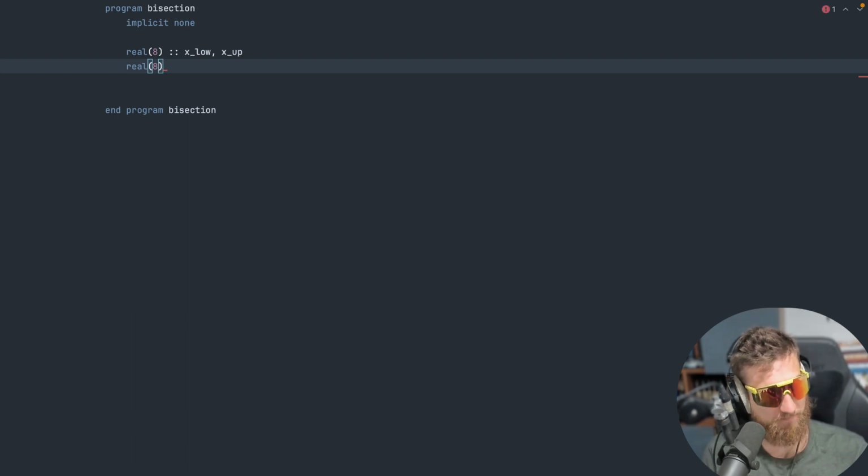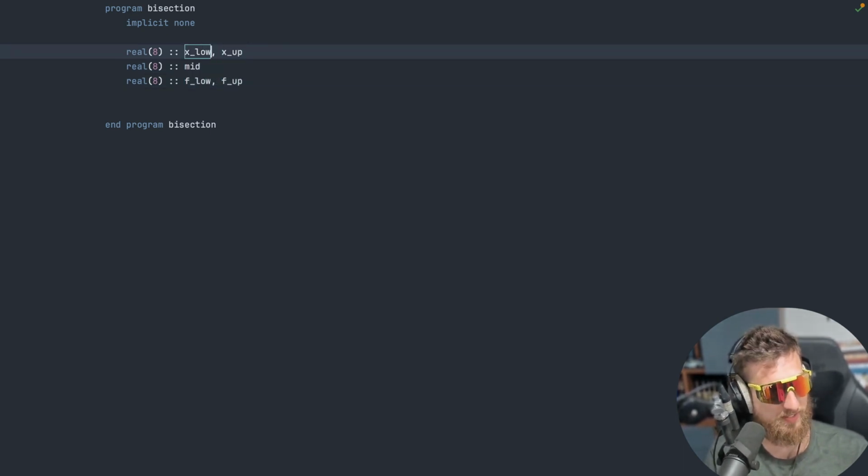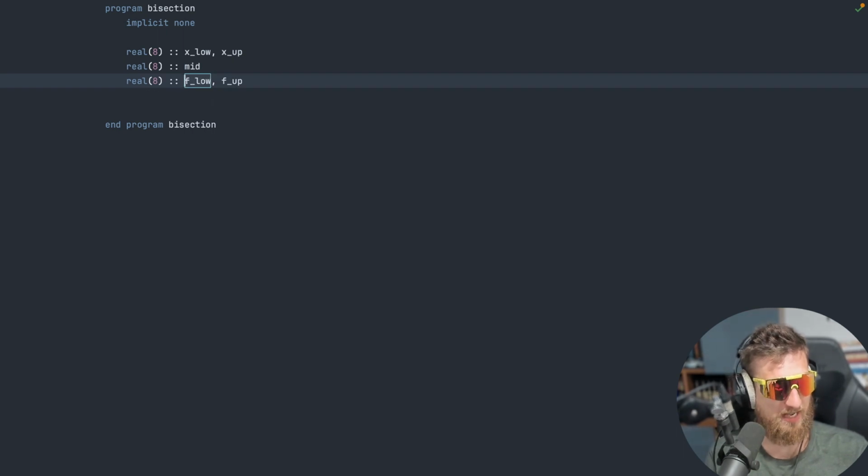So they're just the upper and lower brackets. I'm going to store the midpoint in another real as well. Then f low and f up, the value of the function at x low and x up. Pretty straightforward. So this is the actual value on the x-axis, like 1, 2, 3, whatever. This is the value of the function at xl.